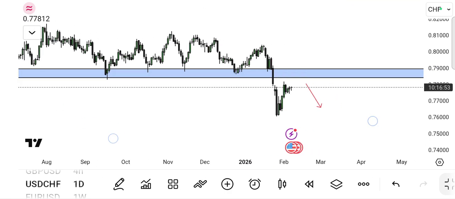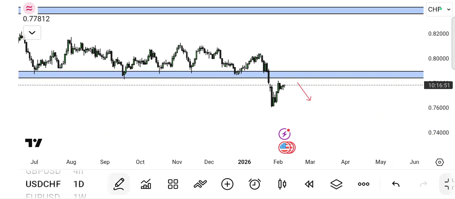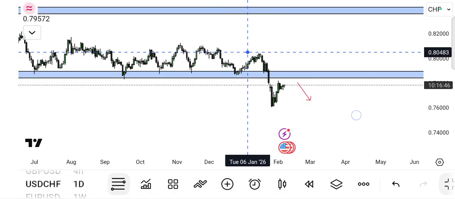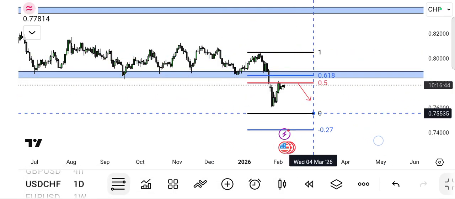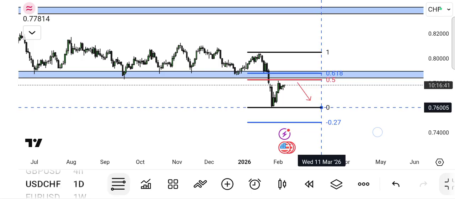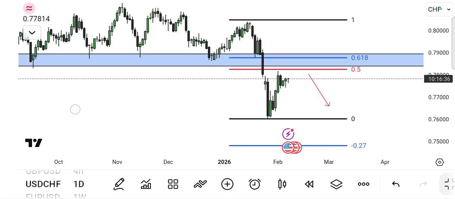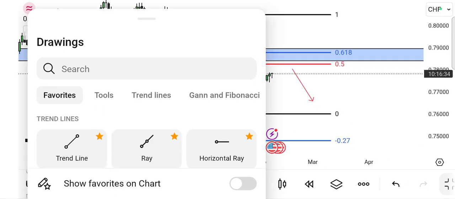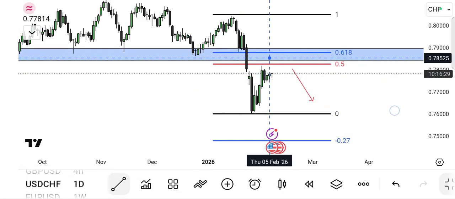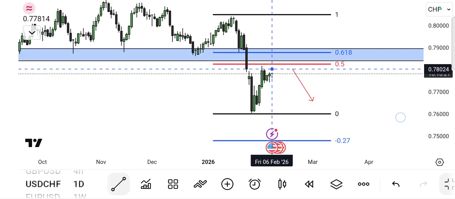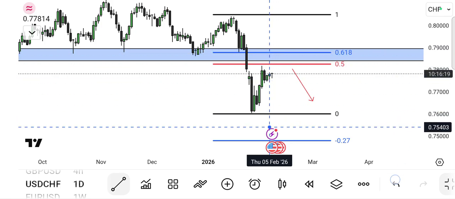Now, this is where Fibonacci is going to come into play. Let's see what's going to happen at this point. We're going to be dragging our Fibonacci from here to here. From this point, we could see a little area where this key level intersects with the Fibonacci level, showing us that the market may likely pull back to this point before reversing.